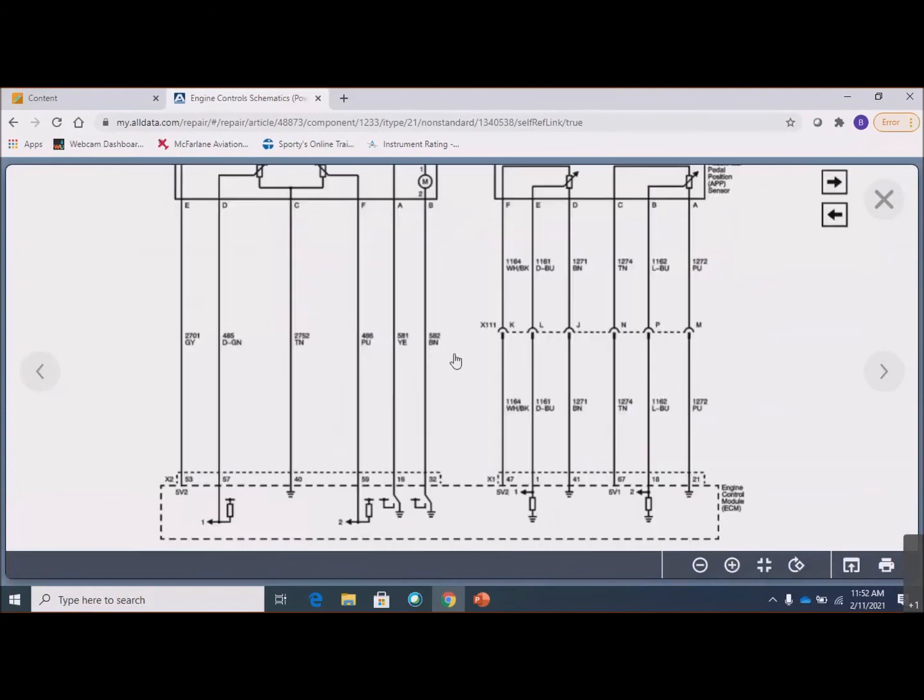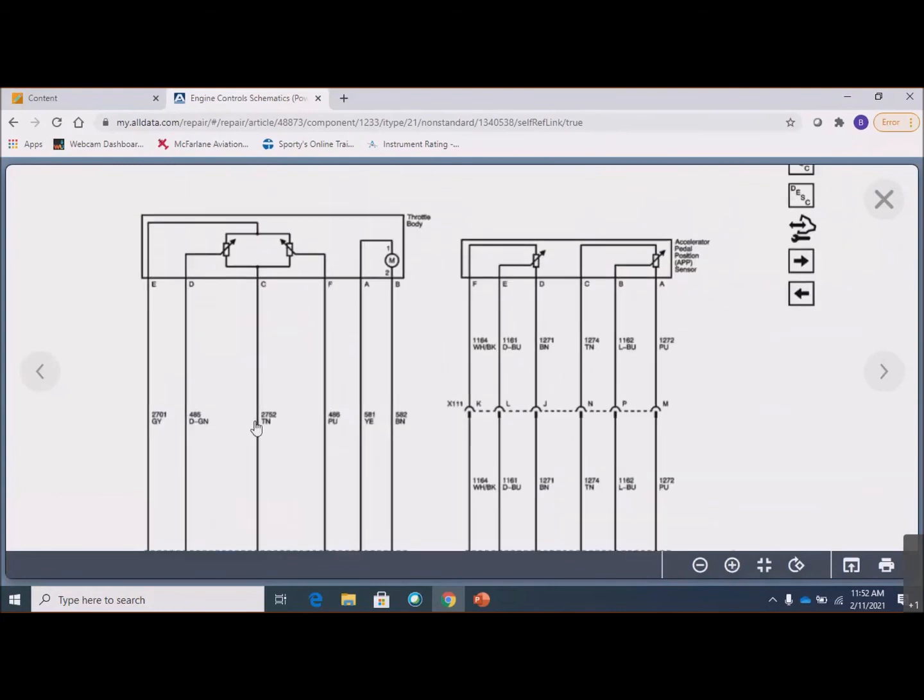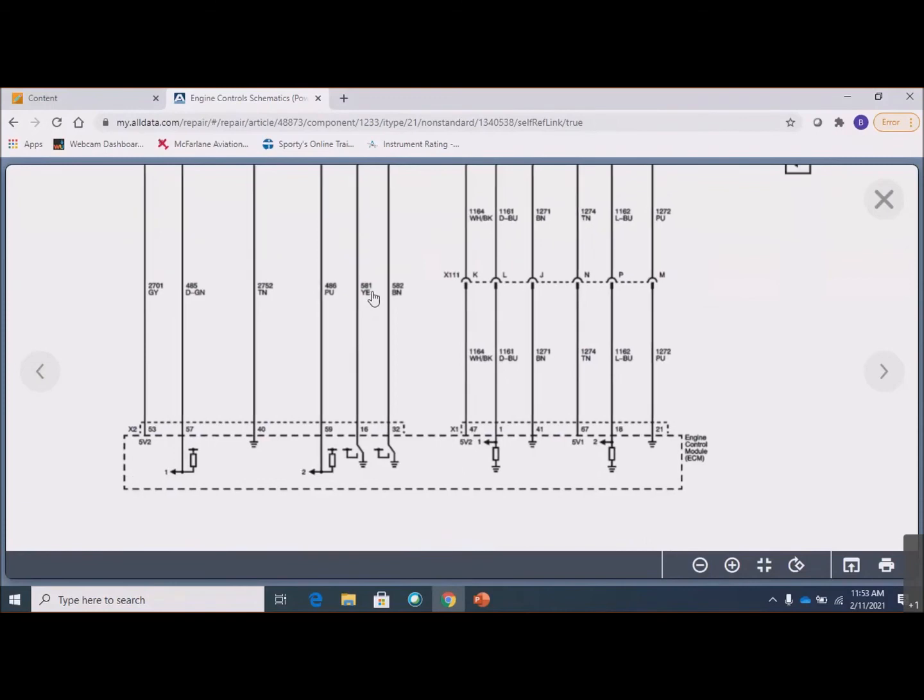Let me zoom in on this a little bit. Here's our accelerator pedal position sensor, right? We have 2 accelerator pedal position sensors. They are redundant. And then over here in the throttle body, right? Same motor as we saw in the Equinox one, but 1, 2 throttle position sensors. So redundant throttle position sensors.